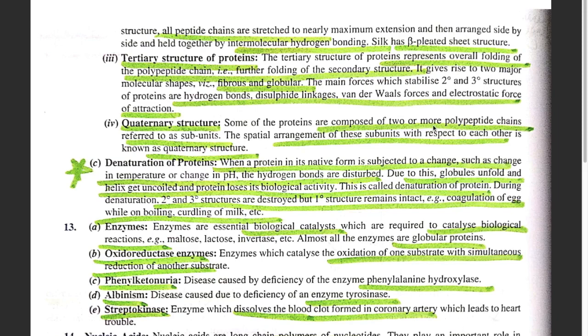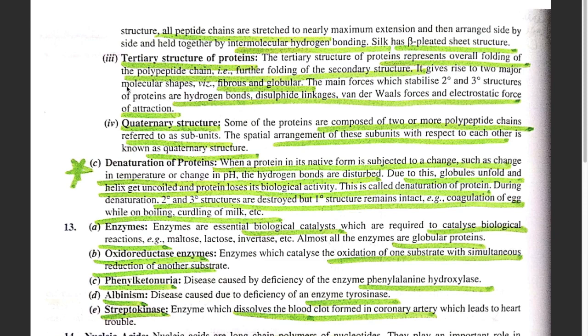Now, after tertiary, let us learn what the quaternary structures of proteins are. Some of the proteins are composed of two or more polypeptide chains called subunits. The spatial arrangement of these subunits, meaning the three-dimensional arrangement of these subunits with respect to each other, is known as the quaternary structure. So, the primary structure tells us about the sequence of amino acids. By the further folding of the primary structure, the secondary structure arises, which is of two types, alpha helical and beta pleated.